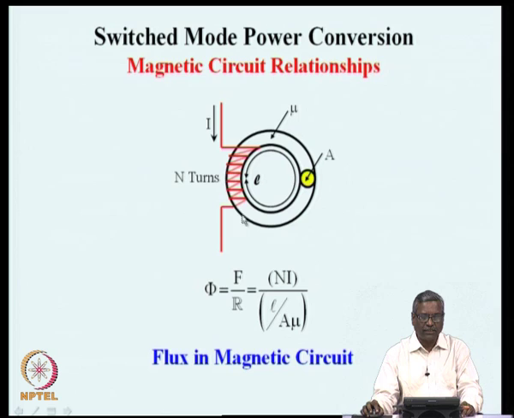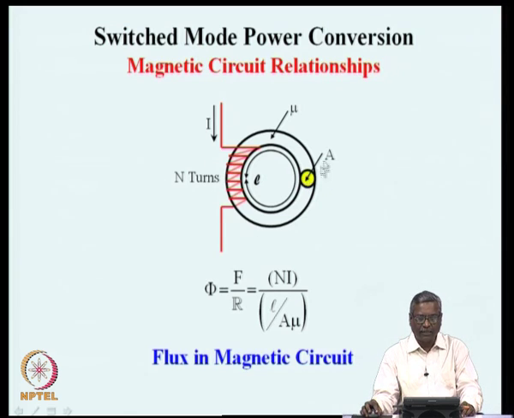What we see here is a magnetic circuit where these relationships are explicitly shown, which will be useful for designing an inductor eventually in the process of our power conversion. This is a circuit where there is a toroidal magnetic ring, whose magnetic path length is L and the permeability of the material is mu, and the cross section of the magnetic path is A. This toroidal magnetic path has a circular cross section and is in the form of a ring.